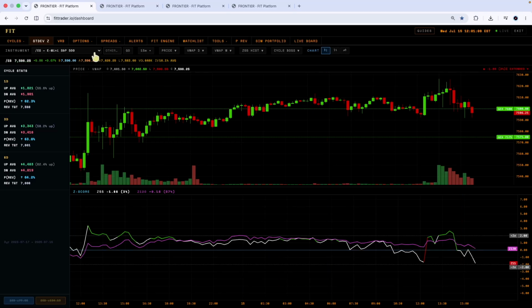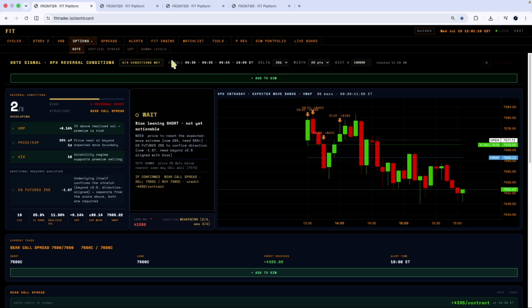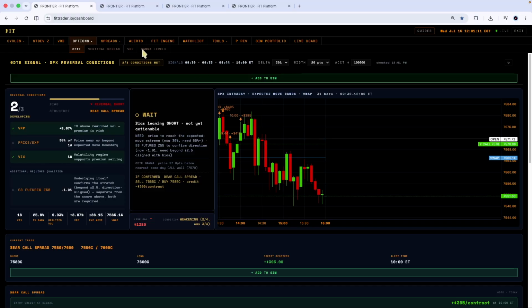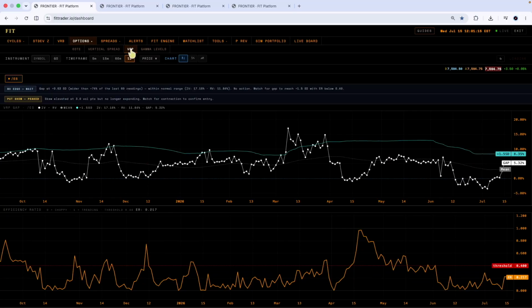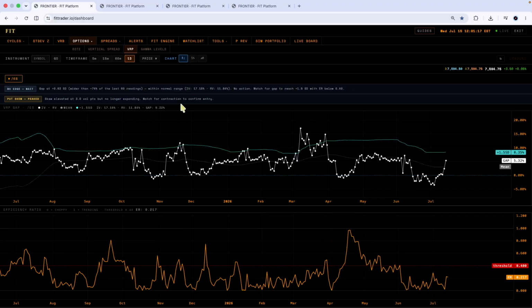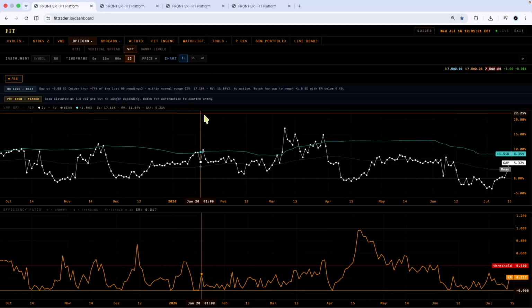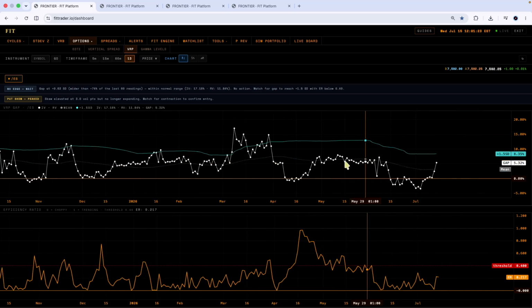So when you combine options activity and gamma levels, your variance risk premium, you have to look at these things in the aggregate. You can't just say, oh, here's the chart, here's what's going on. No, everything's interconnected. Everything is related.